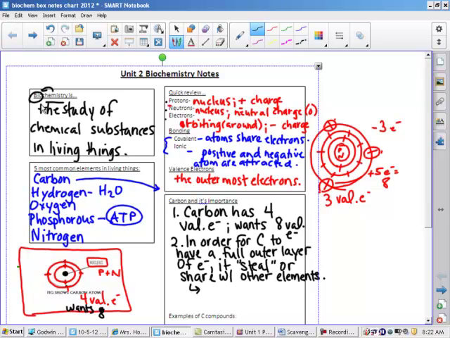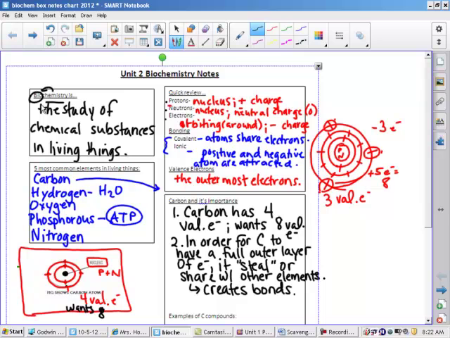That sharing creates bonds. Those bonds then can allow carbon to create really large, complex compounds.